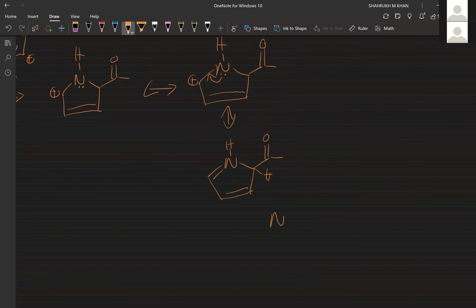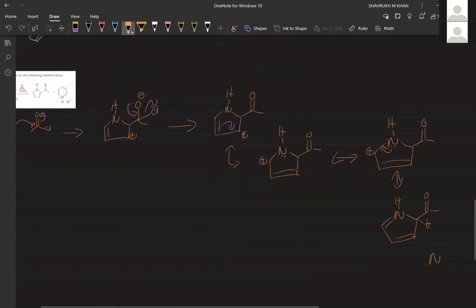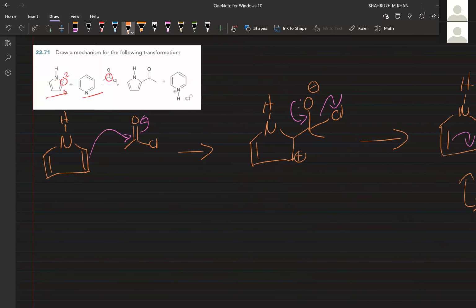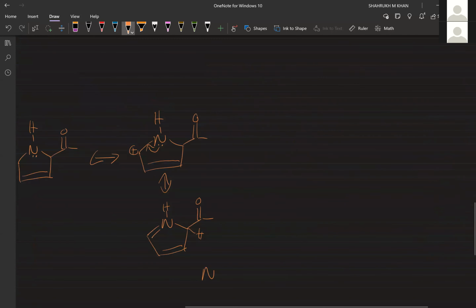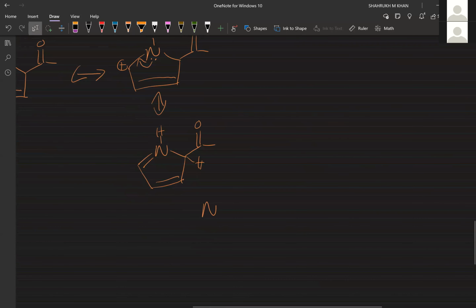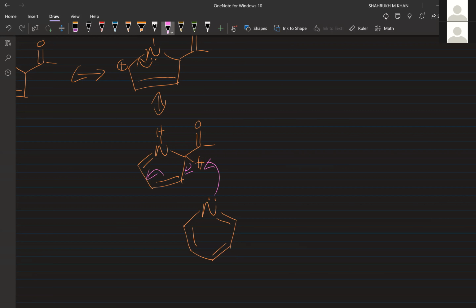So I guess pyridine. That's why. So remember way back the question here, we had pyridine, right? That's the whole function of pyridine here, is it's going to just deprotonate this to basically restore aromaticity here. This is going to grab your hydrogen. Your hydrogen is going to form your double bond here, that pushes here, and then this pushes here.